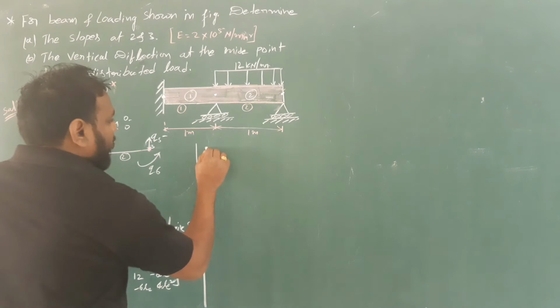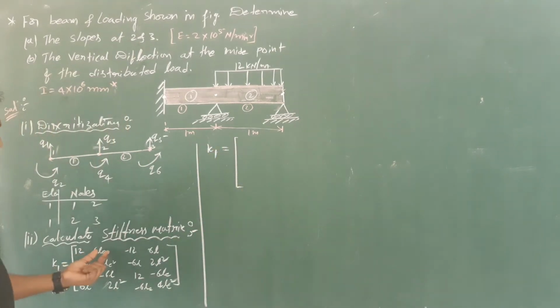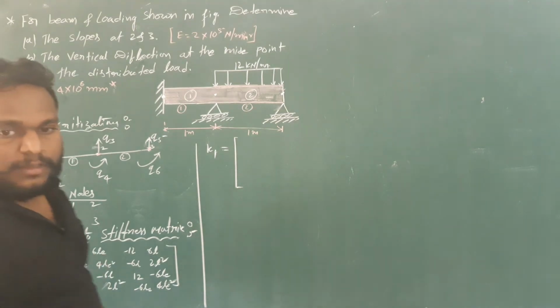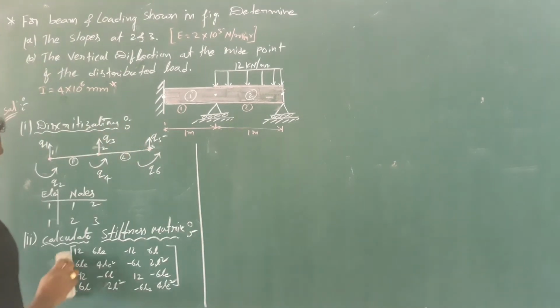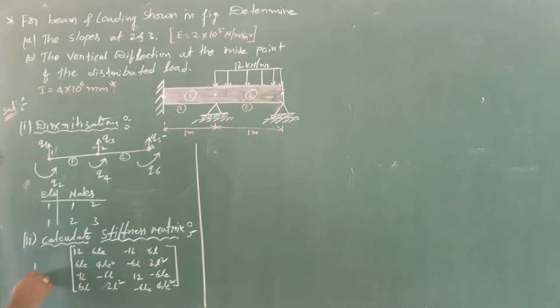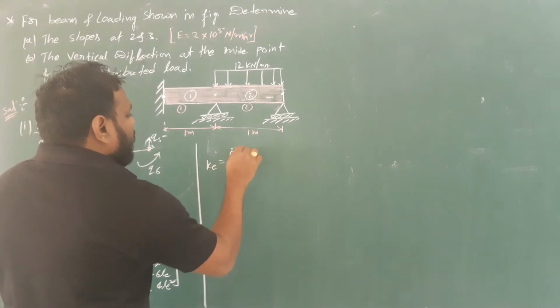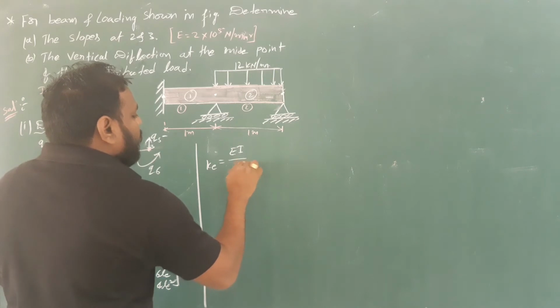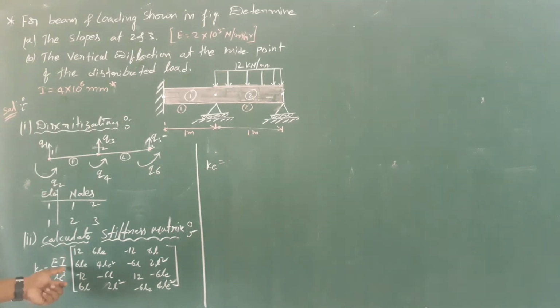First I have to find K1. We know the length of the element, the modulus, and the I value. We know that K_E is equal to EI by L_E cubed, into the matrix.